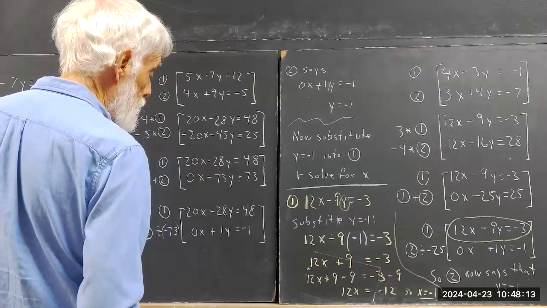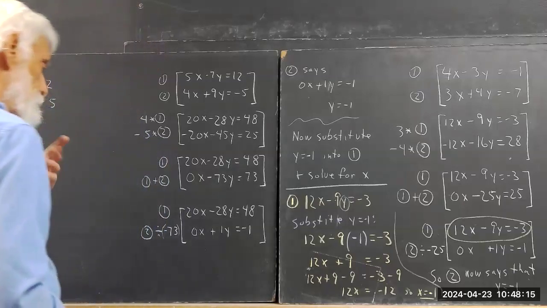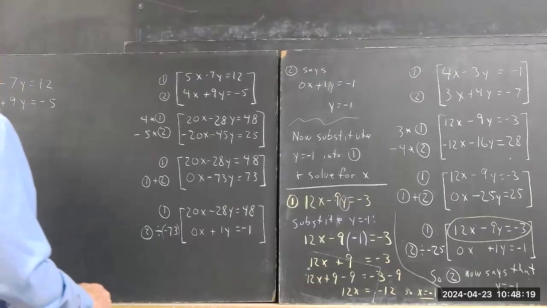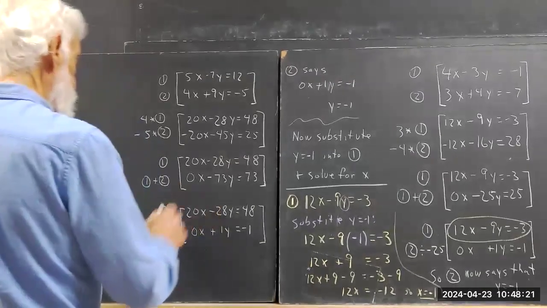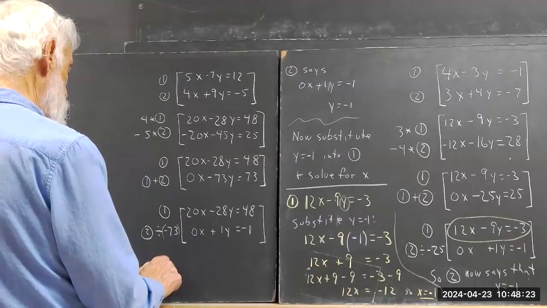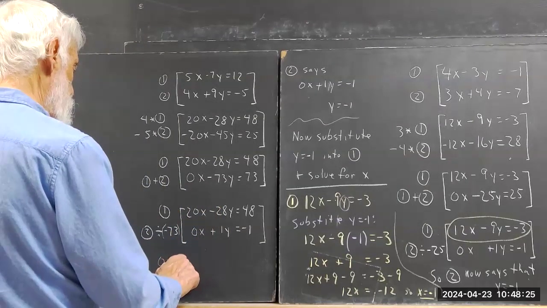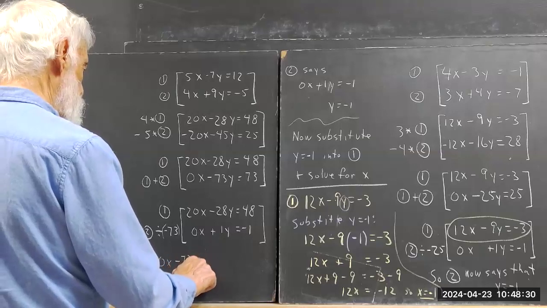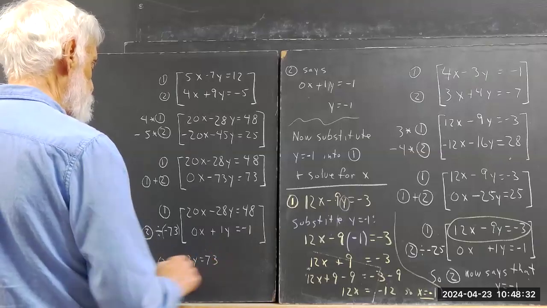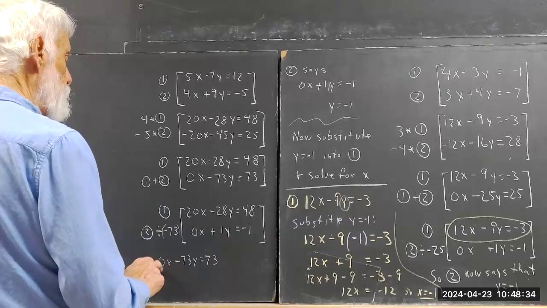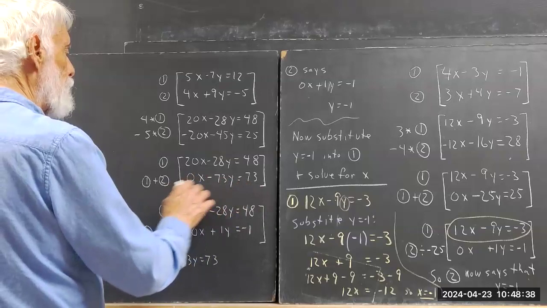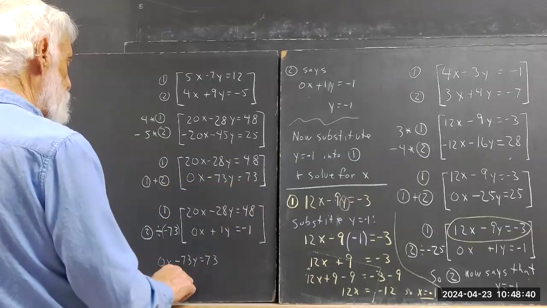Now, that's kind of worth writing out. Taking this equation out of the matrix, out of the brackets, we don't have to write the 0x.